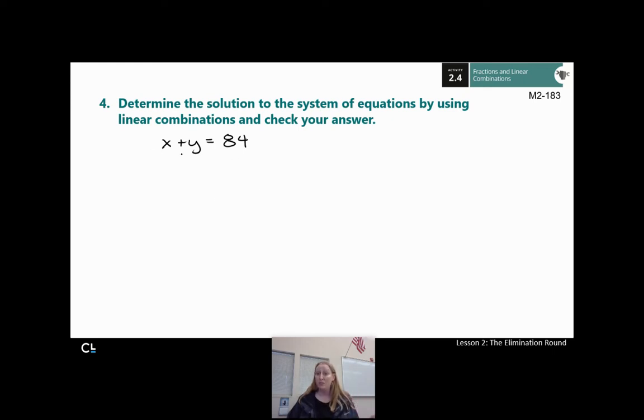We rewrote our second equation so that it was 2x plus 3y equals 196. All right, so we've rewritten it. Solve this bad boy. Use linear combinations to solve this. Go ahead and hit pause to work it out, and then hit play when you're ready to check your work.